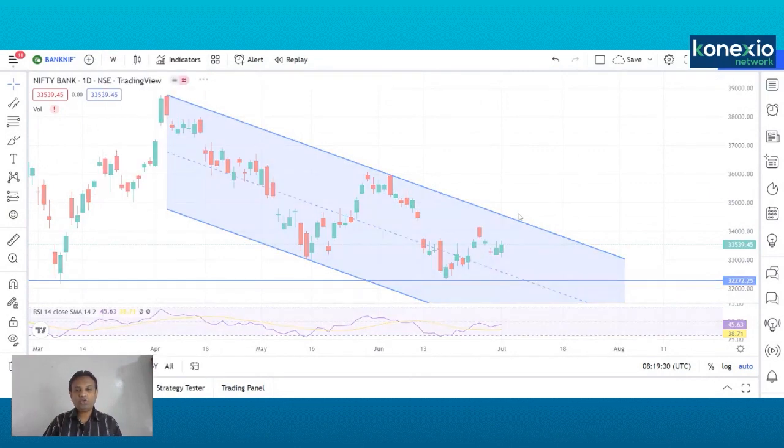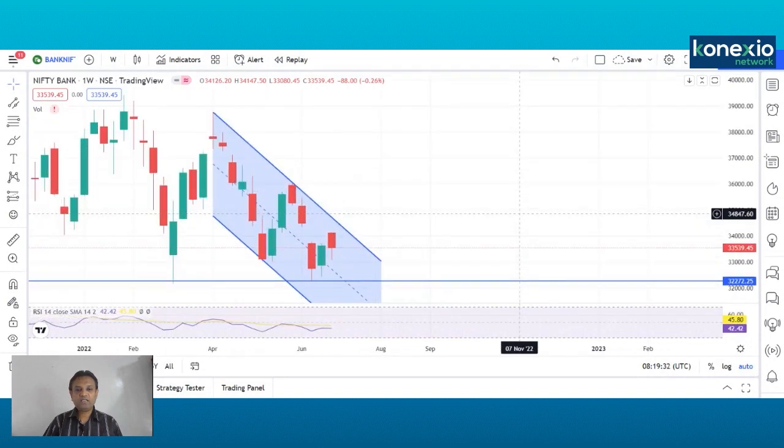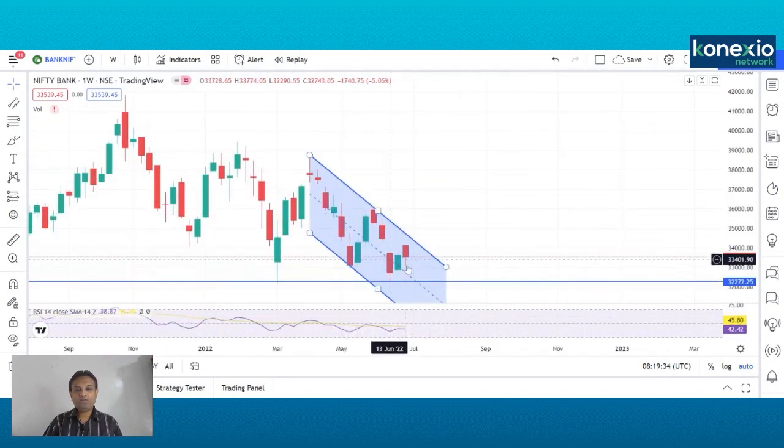Now let me just show you the weekly charts. This is some kind of range-bound candle of the last 3 weeks, or we call it a sandwich pattern, where the first week was red, then in the next week Bank Nifty tried to move up above. Third week again a red candle with what we call an open high. This is not an exact sandwich pattern, but we can consider it.